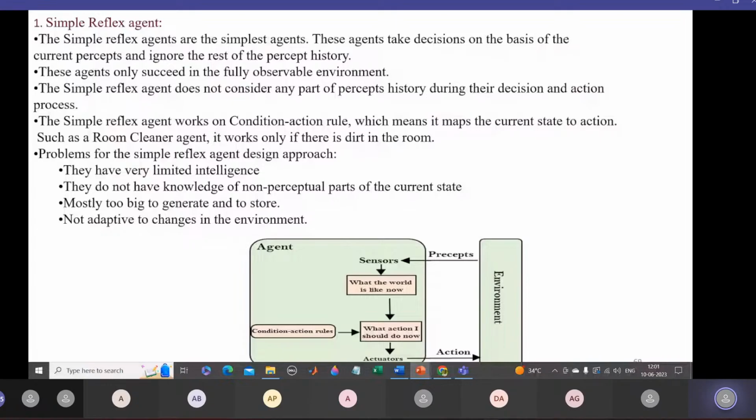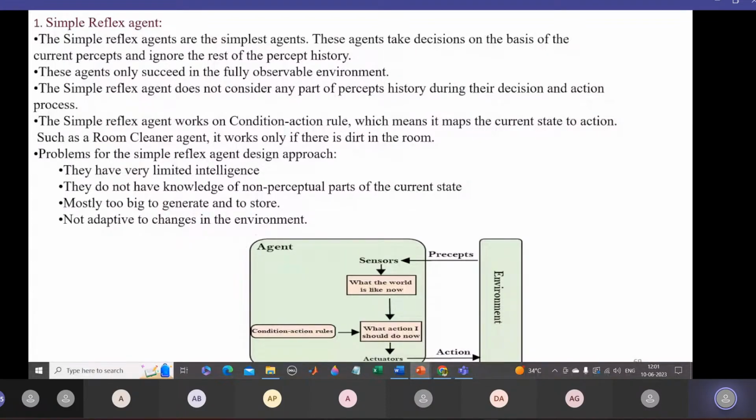They work on condition-action rules. It means it maps the current state to the action. The room cleaning agent, for example, only works when there is dust in the room. The problem with the simple reflex agent is that it has limited intelligence and doesn't have knowledge of the non-perceptual parts of the current state.